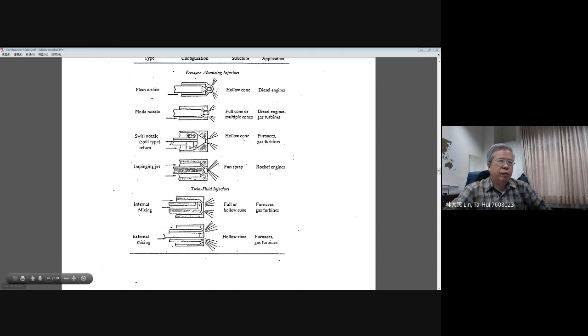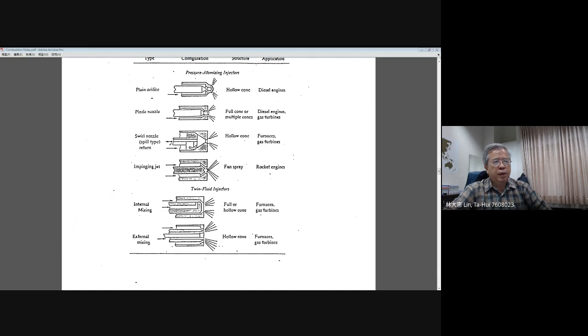Now, for example, in internal mixing, you can see the fuel will flow around the inner tube, and as it comes out, it meets the air or steam coming from the outer tube. They mix together inside of the injector. You can see the mixing occurs in the interior region closer to the tip of the injector.